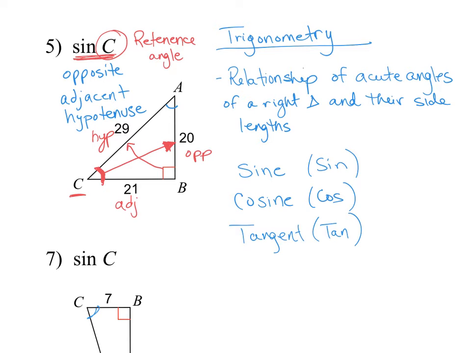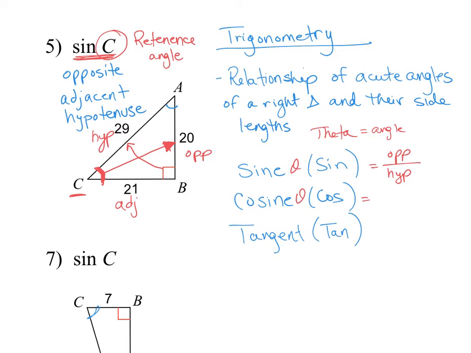Now, the sine function, so the sine of any angle, and that funny little symbol that I just drew in red is what we call theta. It's a Greek letter, and it represents angle. Okay, so the sine of any angle is equal to the opposite side divided by the length of the hypotenuse.